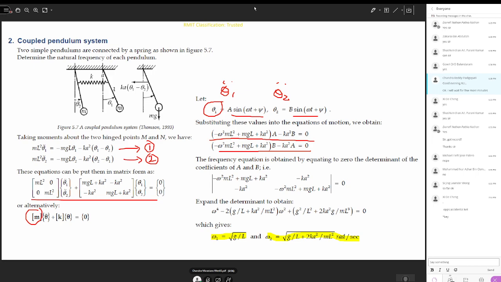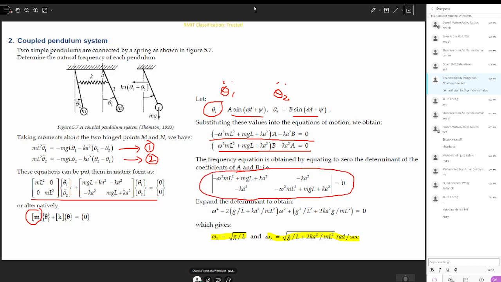Okay, I'm not going to derive all these things and spend time because that's not productive. You can always go back, expand, and then rearrange. Then you will get these two equations. Now, to get a non-trivial solution for A0 and B0, you need to equate the determinant to 0.